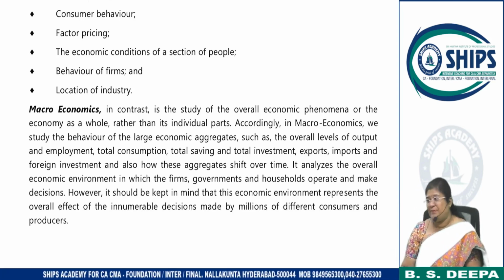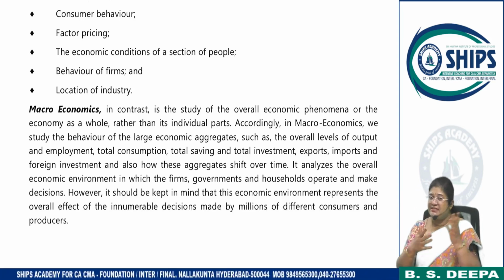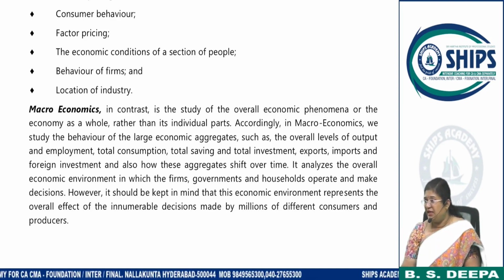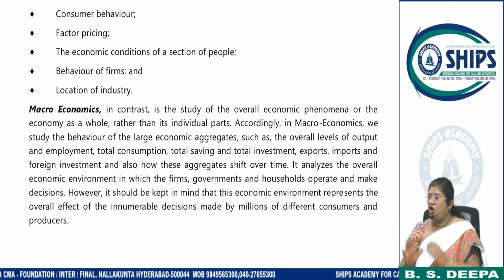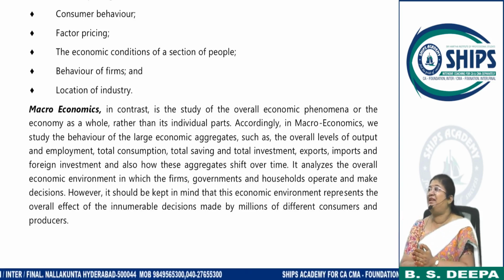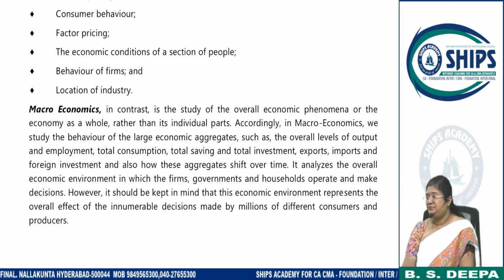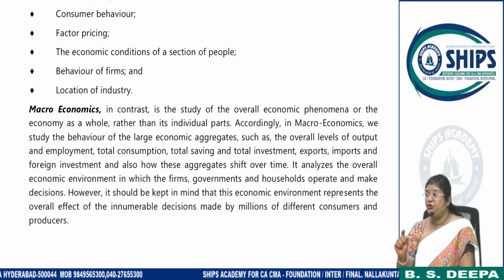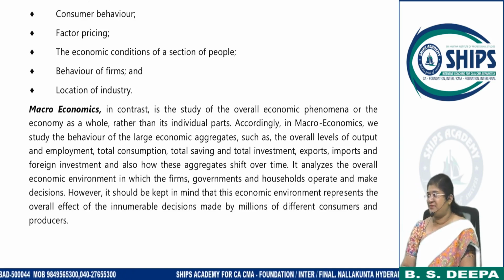Different companies produce cement. There is JK Cement, right? Ambuja Cement, right? Or some other cement. All put together, all firms put together are called cement industry. Okay, so industry is what? A group of firms producing similar products.